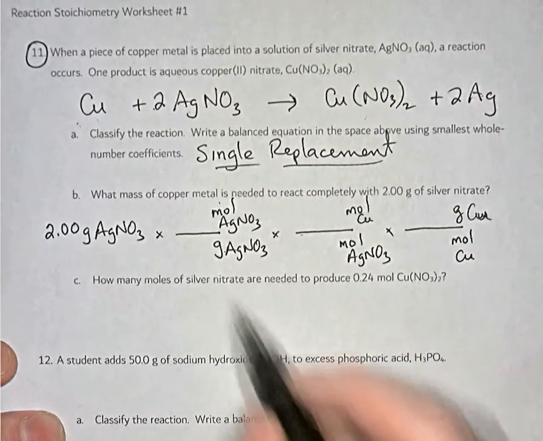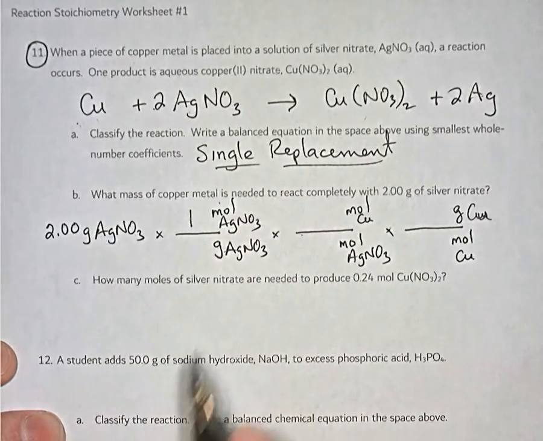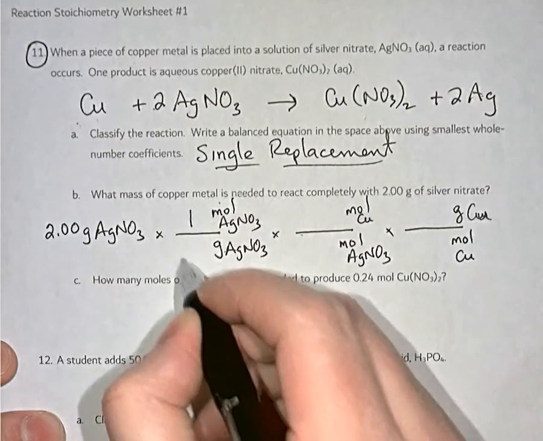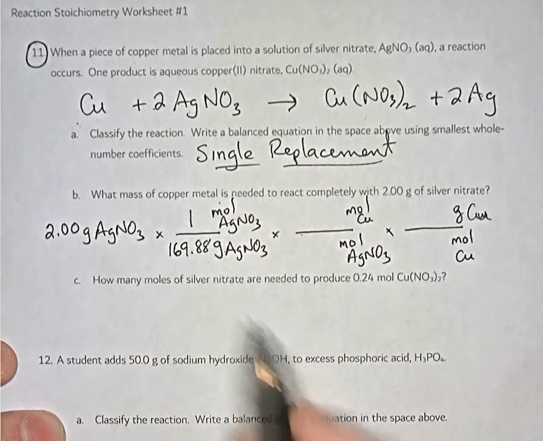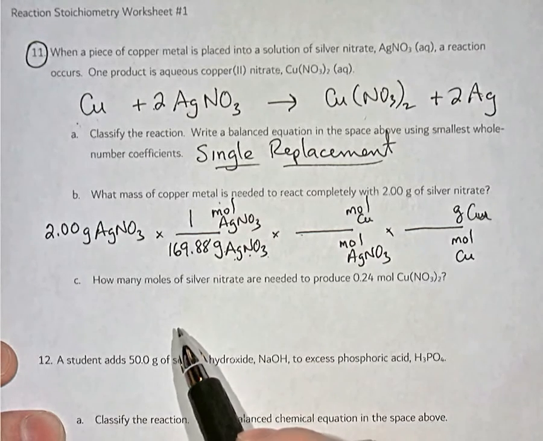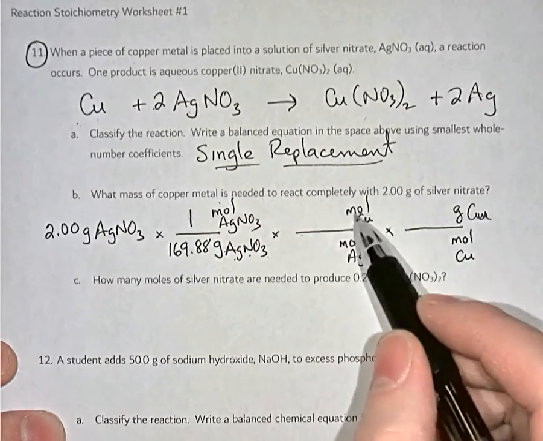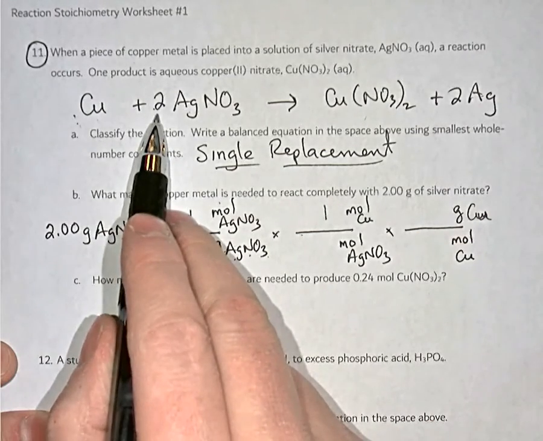Putting your numbers in, the molar mass of silver nitrate from a periodic table, 1 mole has a mass of 169.88 grams. That's silver plus nitrogen plus 3 oxygens. From the balanced equation, 1 mole of copper will react with 2 moles of silver nitrate.